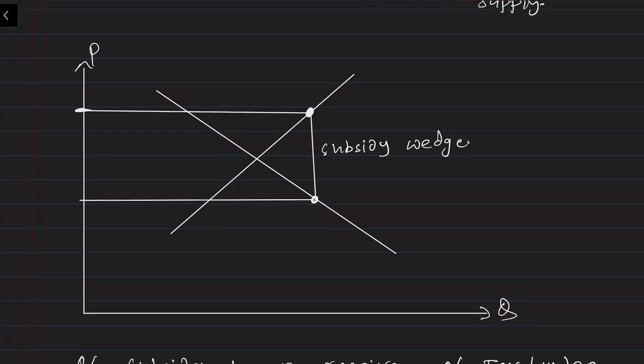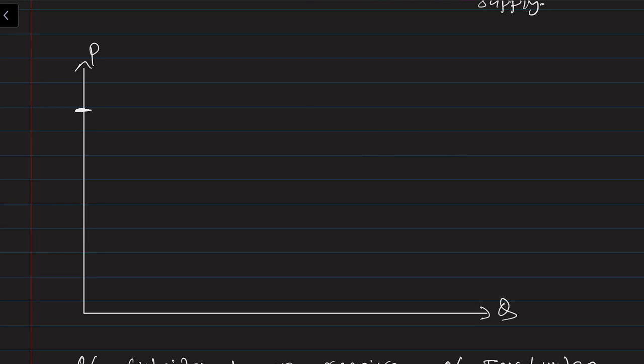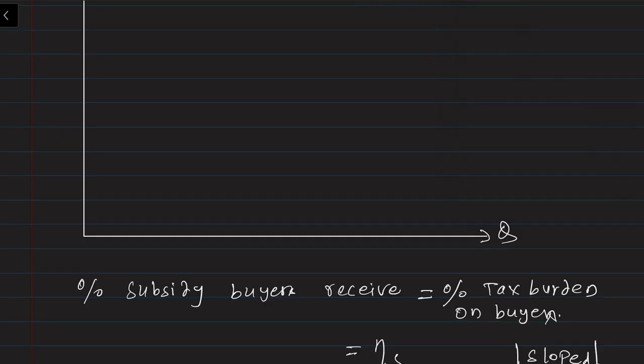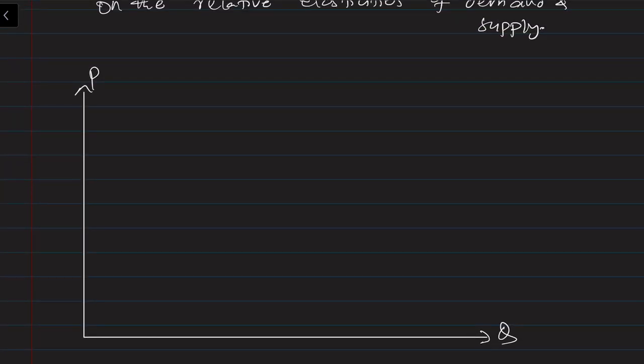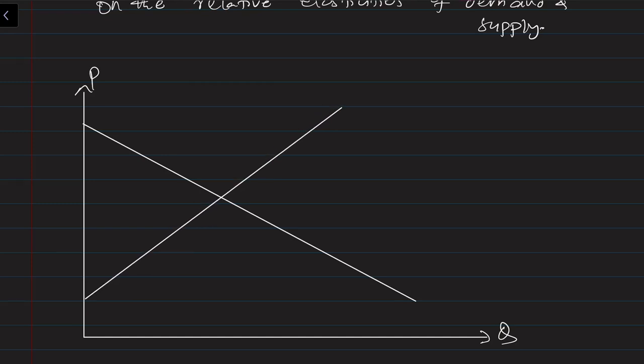Now, from this graph, let me draw the demand and supply curve again. So this is our demand curve and this is our supply curve. Let's say this is the subsidy wedge.